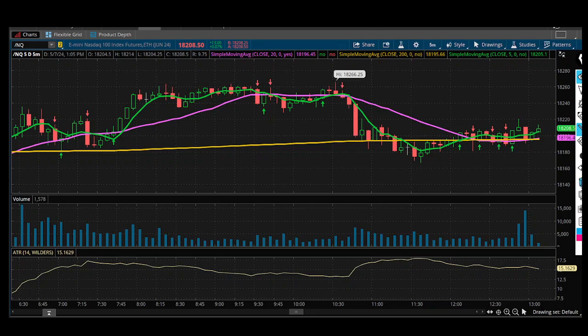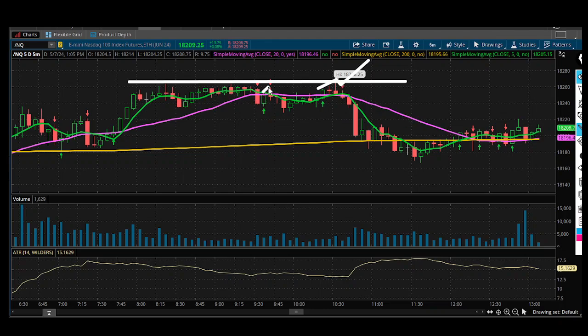I'm just trying to give you guys some tips and my opinions on things you can do to help mitigate some of the risk. Don't take the short position here because we have major demand at that 200 right there. Maybe we avoid this long potential setup because we have not broken that high of day and then backtested and confirmed a new high.